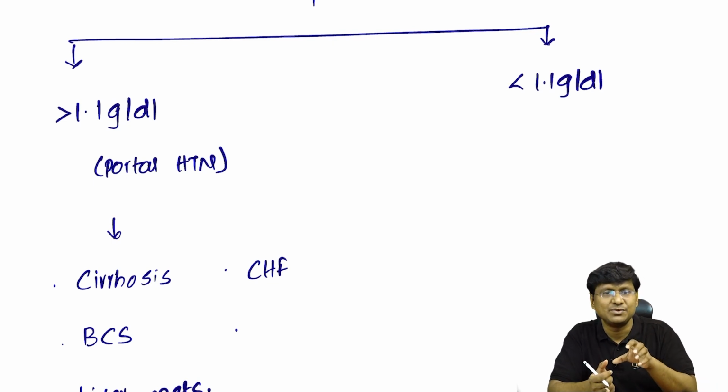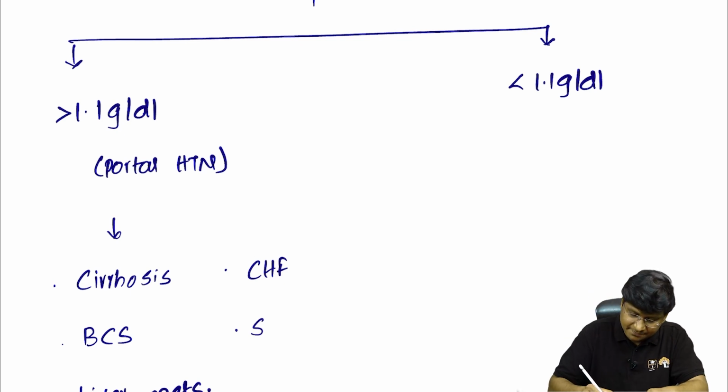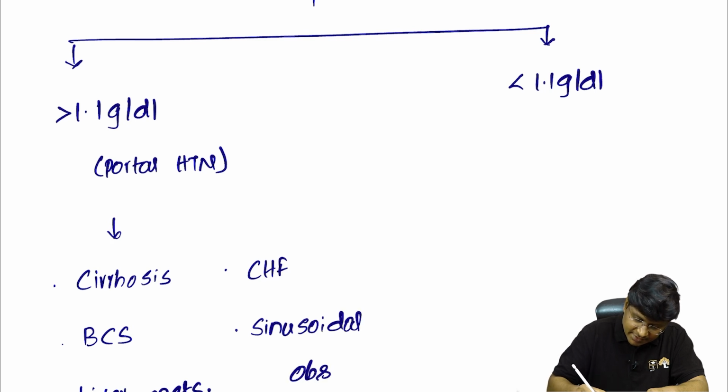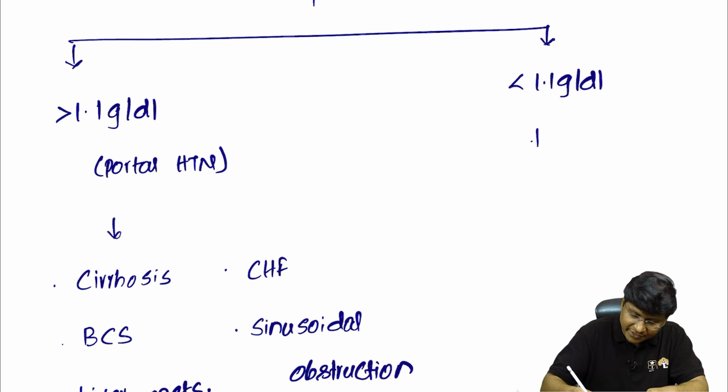Sinusoids are what? The sinusoids are observed in the liver, right? If there is any sinusoidal obstruction, even that can cause the development of ascites, and where the SAAG value will be more than 1.1.